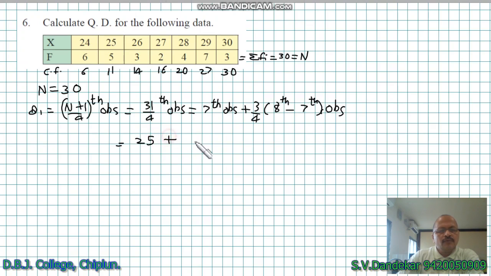So 25 plus 3 by 4 times (25 minus 25), it is 25.